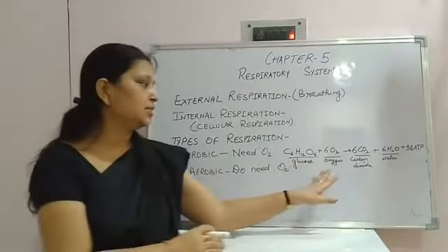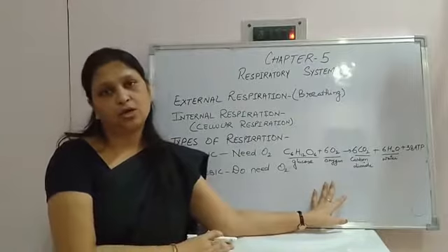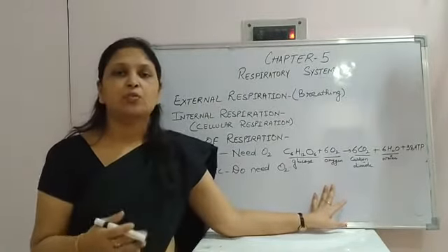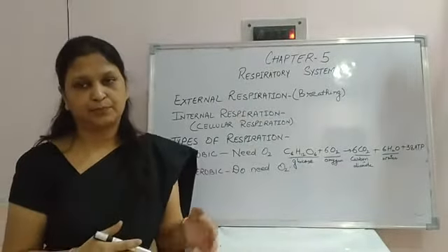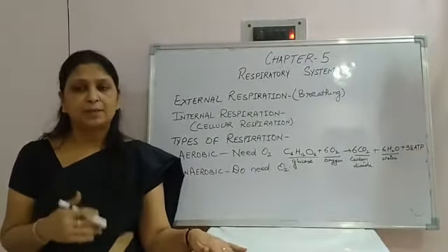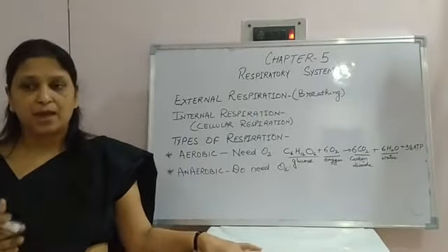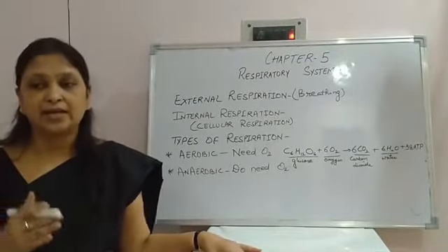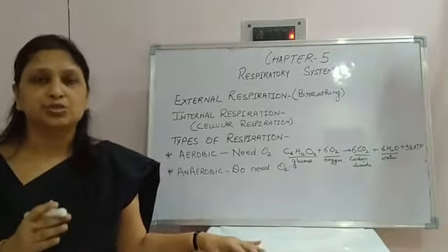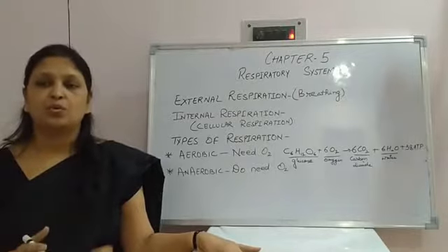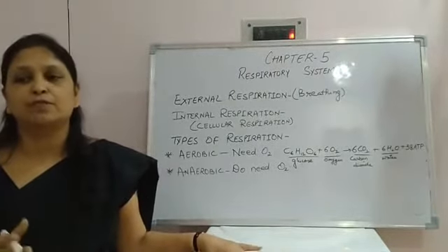Now what happens in plants? During the respiration process in plants, the oxygen gas enters the plant cells through the stomata, which are found in the epidermis of leaves and stems of a plant.